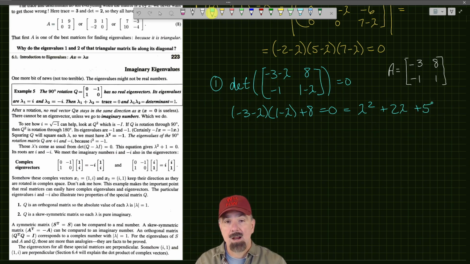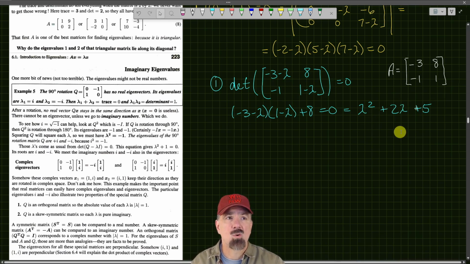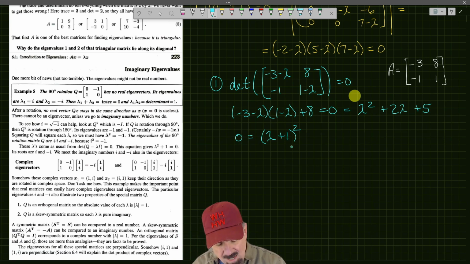This is going to require the quadratic formula, or I could complete the square here. Completing the square is actually probably the easier way to go, so let me do that. 0 is equal to, I'm going to end up with lambda plus 1 quantity squared, and then I've added 1 to the outside, so then this is going to be plus 4.